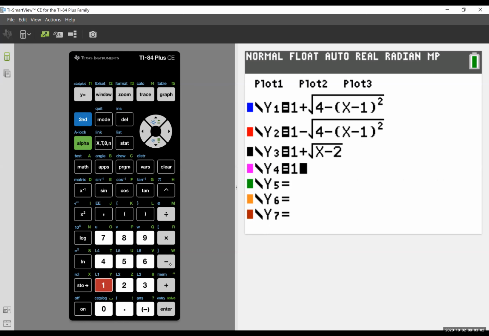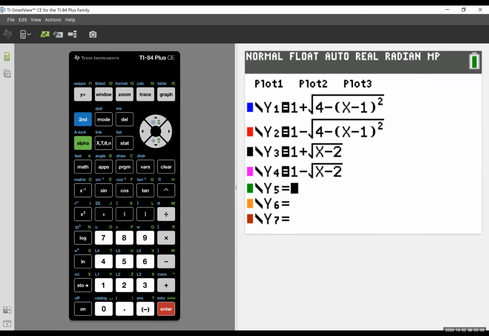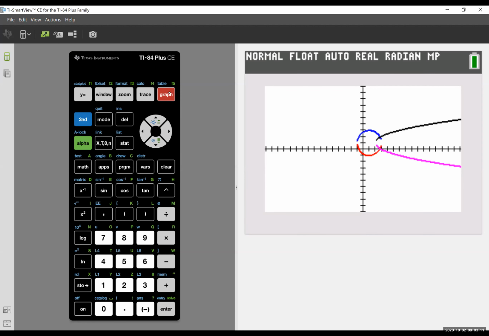And 1 minus square root of x minus 2. So if we graph it, we do see it is a parabola and it is opening up to the right like we thought. So this is good news.